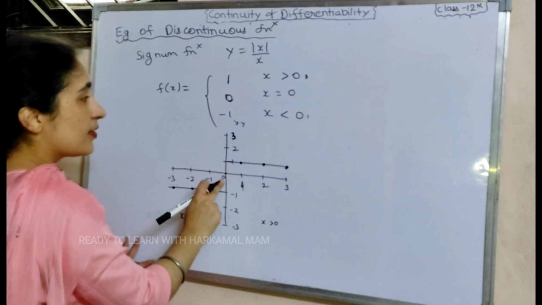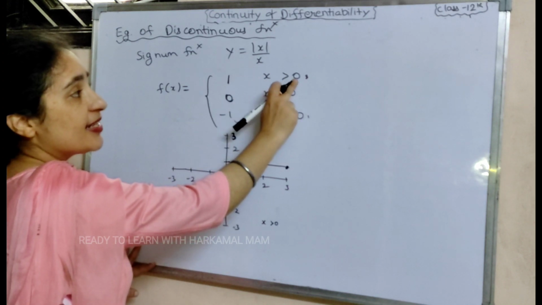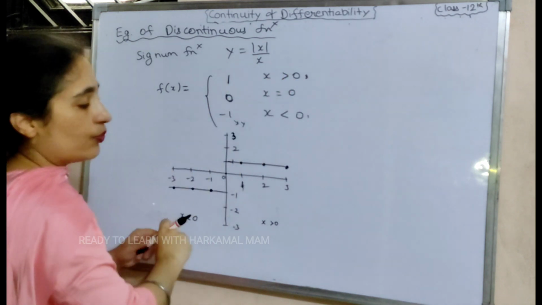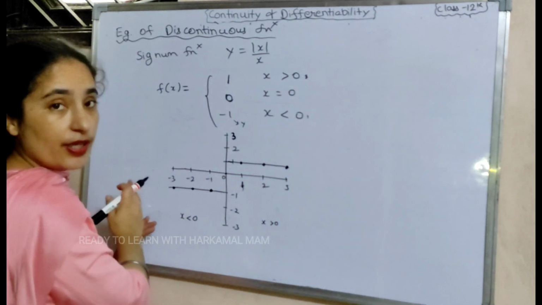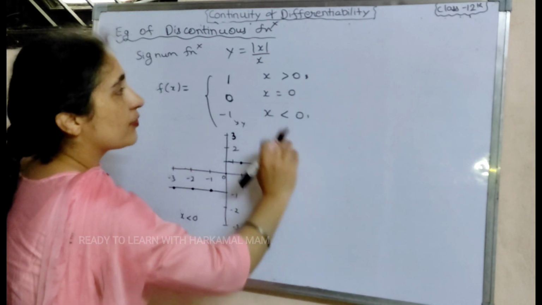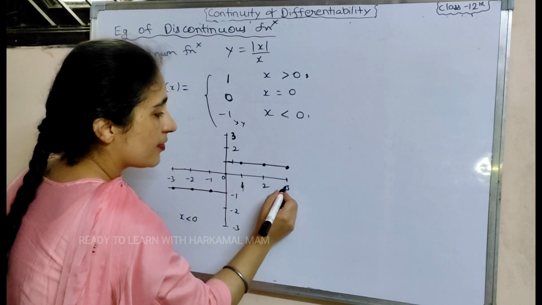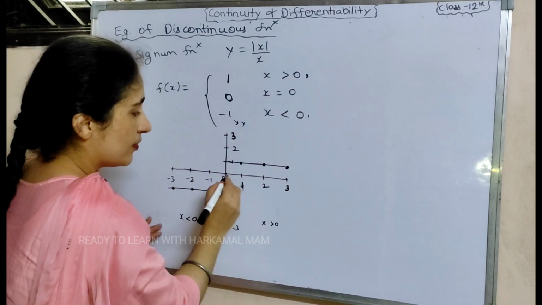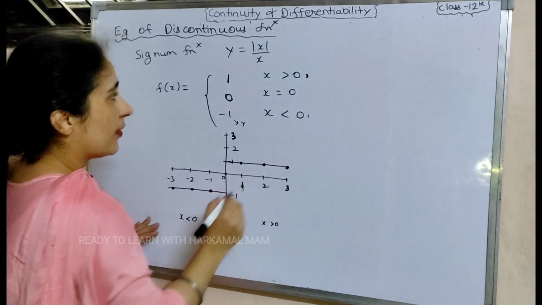When x is greater than 0, it means 1, 2, 3, any positive value, not negative values.